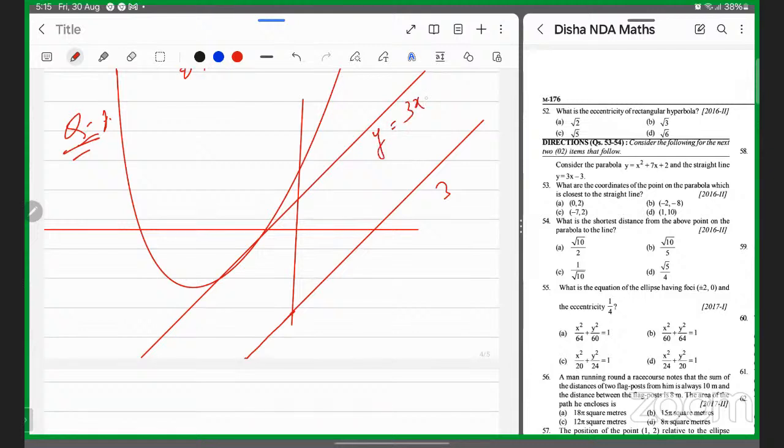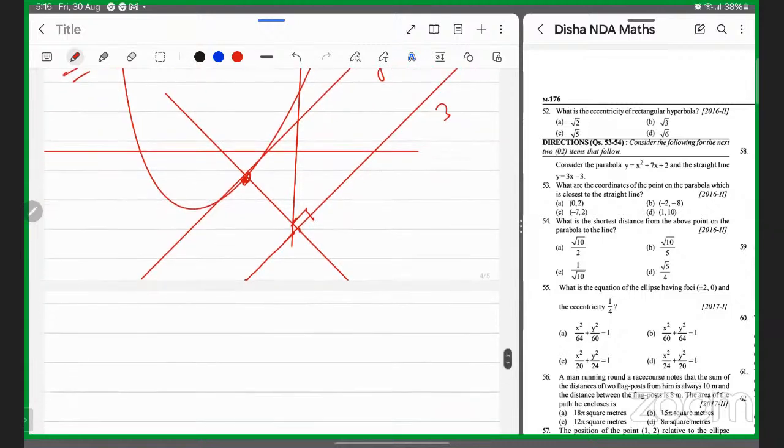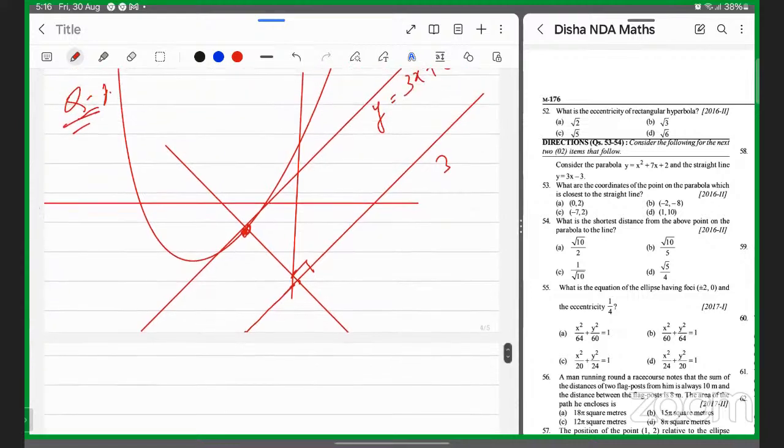This line is y equal to 3x plus c. I don't know the intercept. This is the point I have to find, and the distance is along the common normal. The distance between these 2 points is simple, but I have to find the tangent first. When I find the tangent, the distance will be simple.